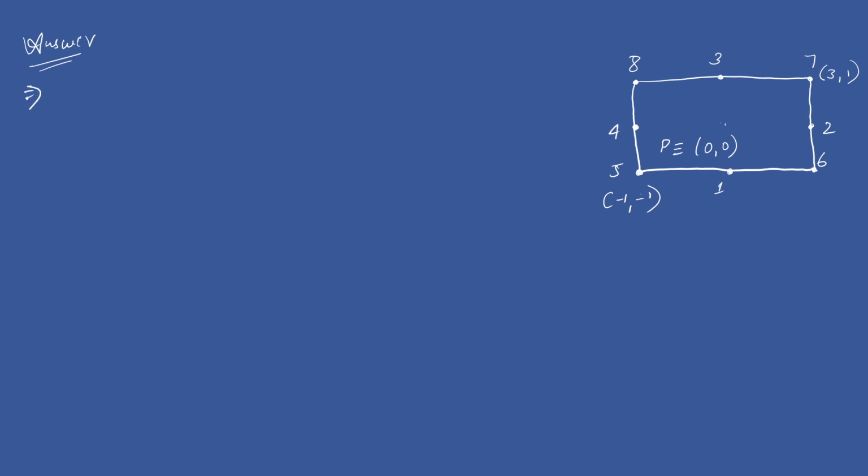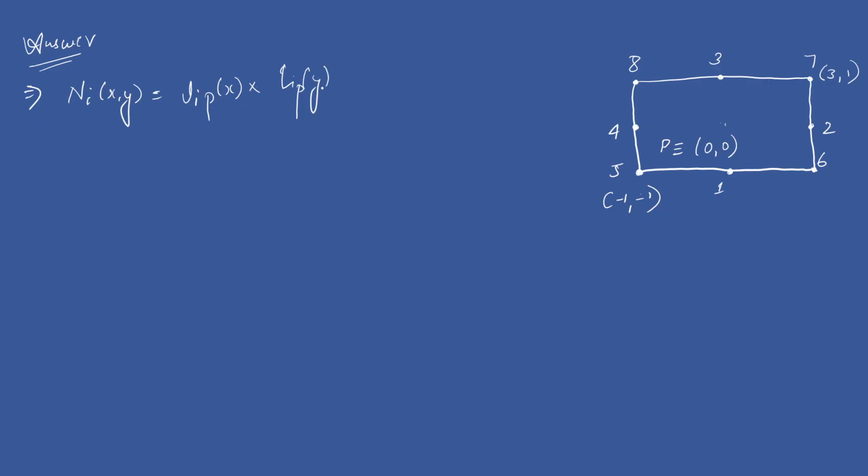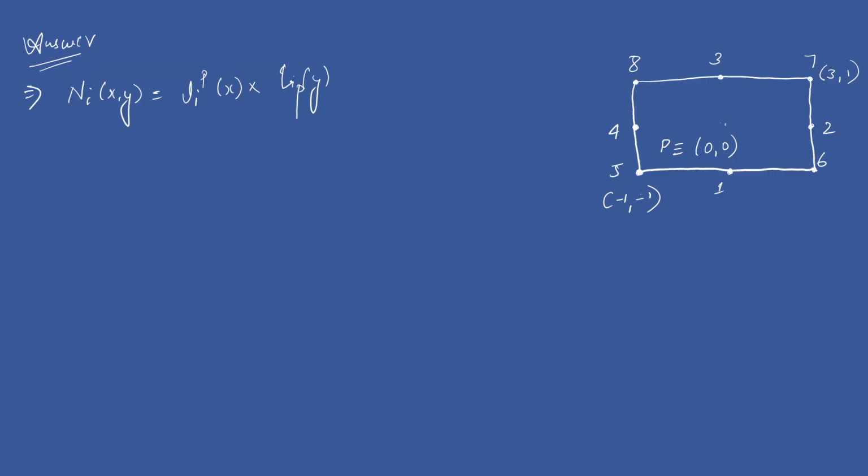So the Lagrangian interpolation function at any particular point is given by L_i(x) multiplied by the Lagrangian interpolation function in y. This will be constructed.